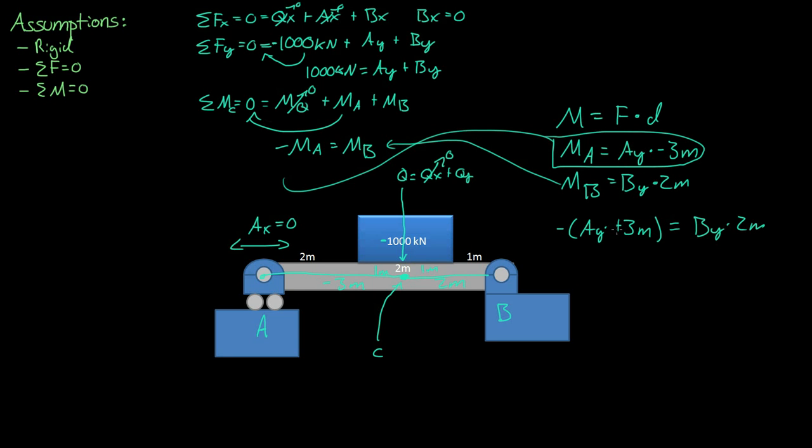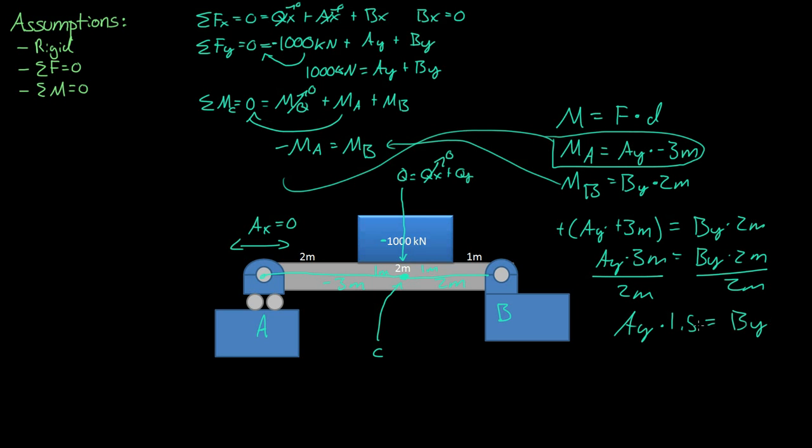These negatives cancel out, so we get Ay times 3 meters equals By times 2 meters. If we divide both sides by 2 meters, we get Ay times 1.5, after we simplify, equals By.